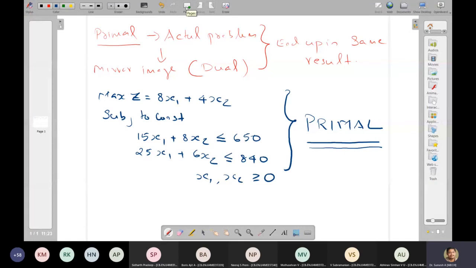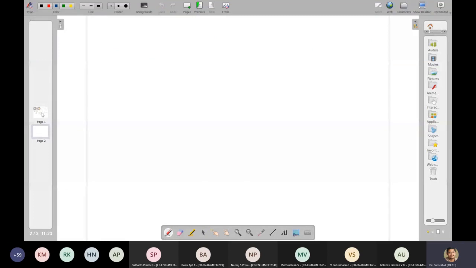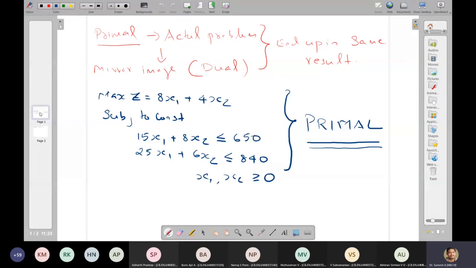So step one is to convert to standard LPP form. What is standard LPP form here? Inequality has to be converted into equality.